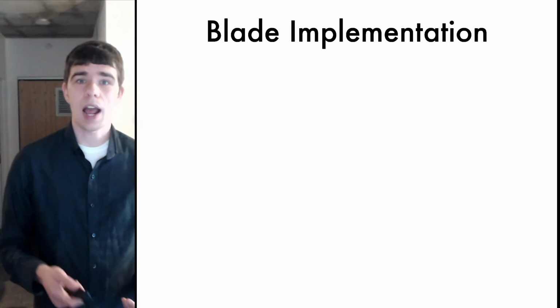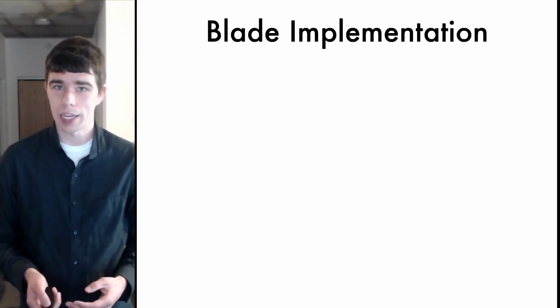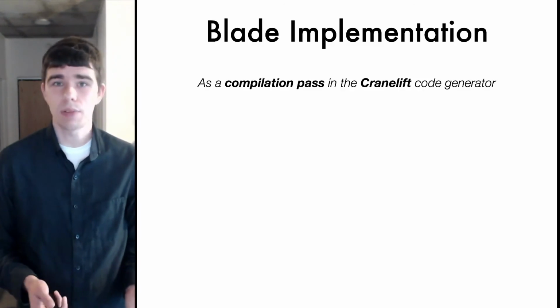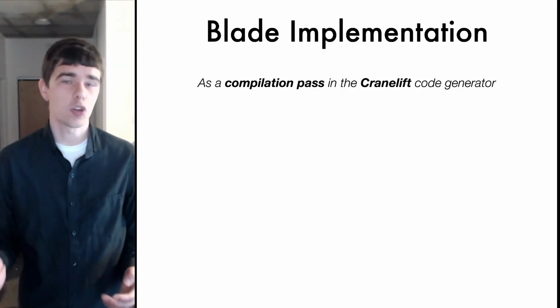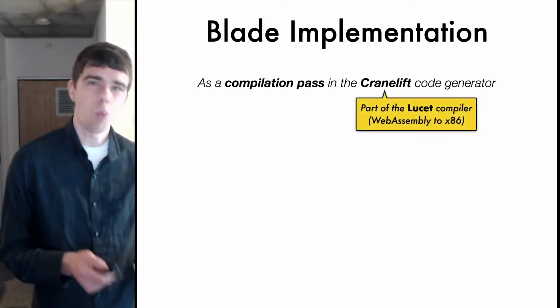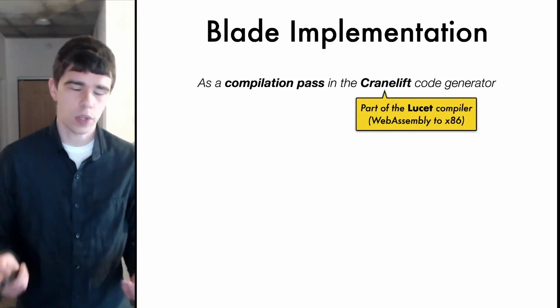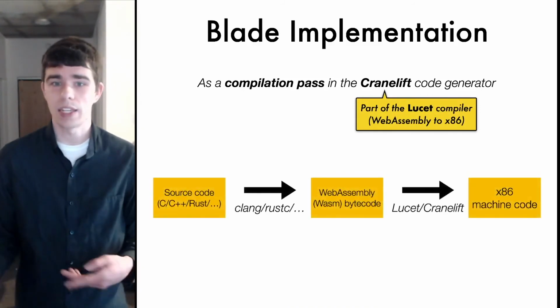So now that we've talked about how we implement the protect primitive, let's talk about the rest of the implementation of Blade. We implemented Blade as a compilation pass in the Cranelift code generator. Cranelift compiles WebAssembly bytecode to x86 machine code. So here's a typical compilation pipeline that uses WebAssembly.